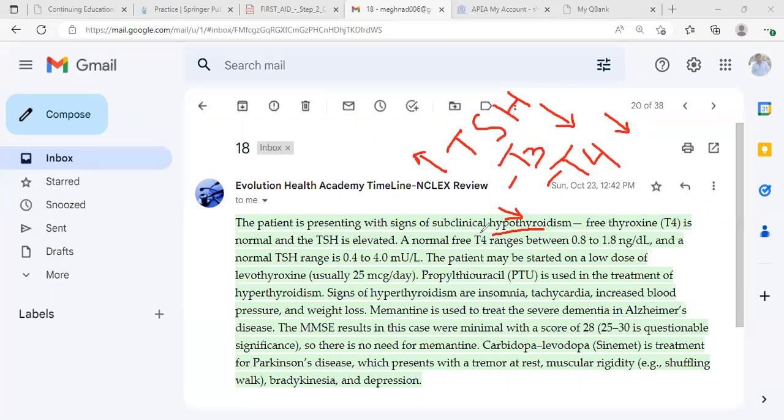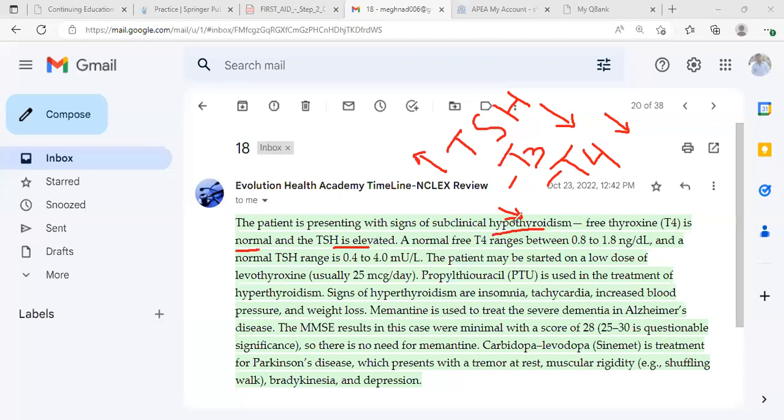Let me read it. Hypothyroidism: free T4, called thyroxine, is normal and TSH is elevated. Don't get confused.